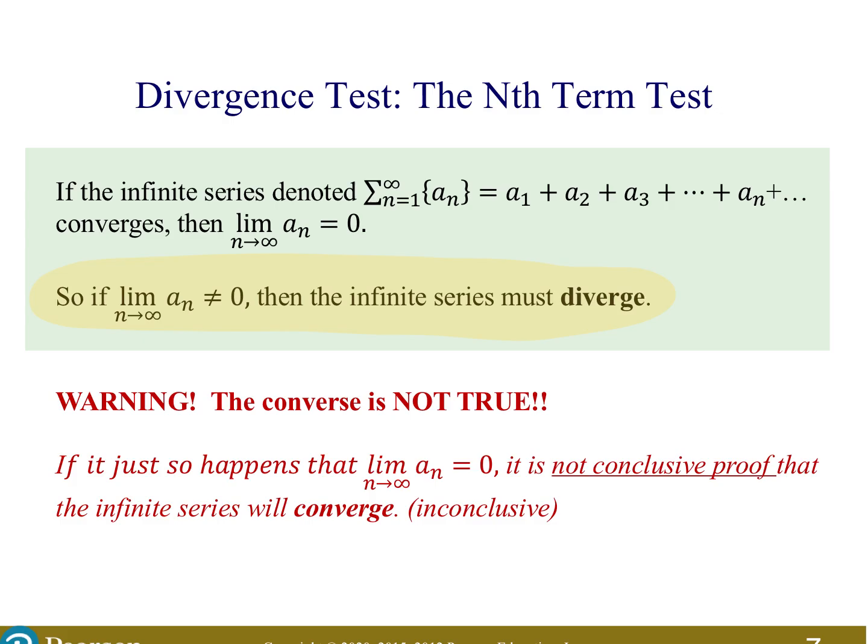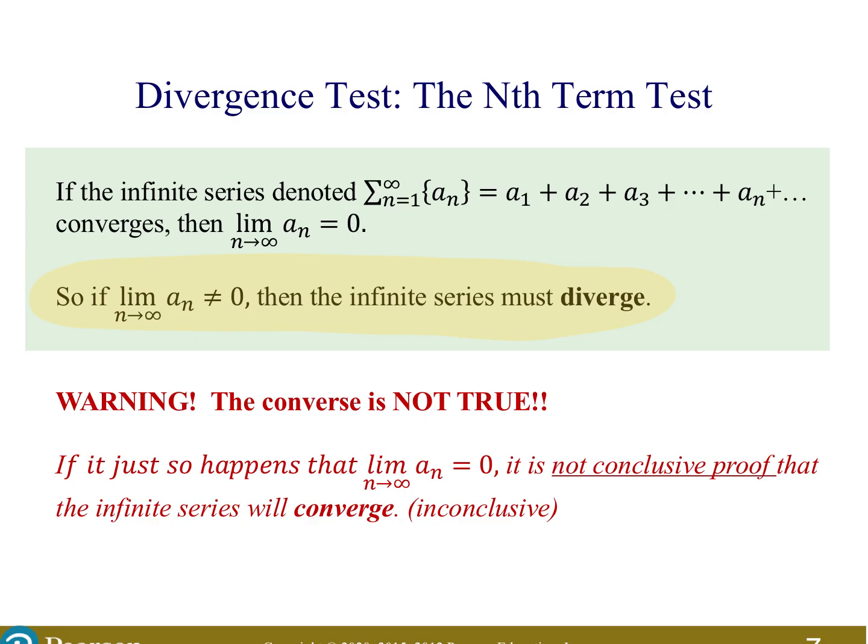And on the nth term test, you want to put, if the limit of the last term, or the nth term, is not 0, then the series diverges. If the limit of the last term is not 0, the series must diverge.